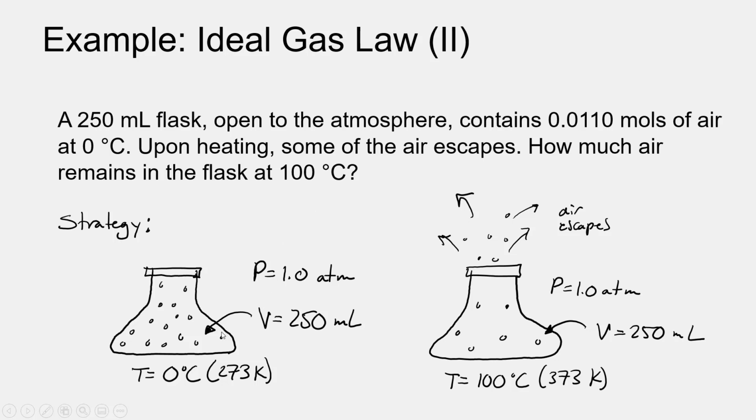We know the volume of the container. We know how many moles of air were in the flask. We know the temperature of the sample. And indirectly, we know the pressure because we're told it's open to the atmosphere with no further information supplied. So we assume that the pressure is 1 atmosphere.